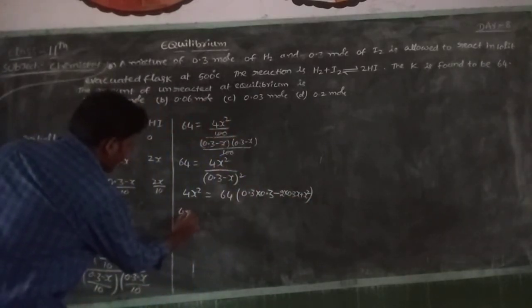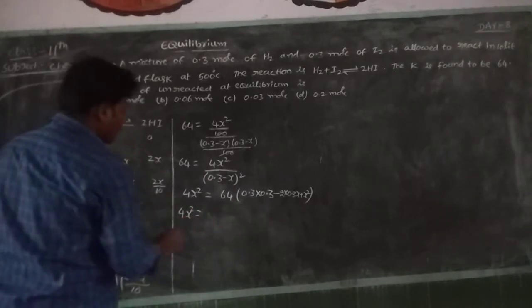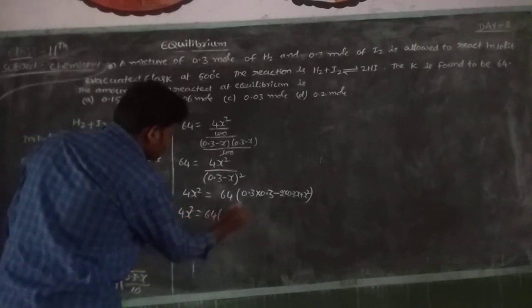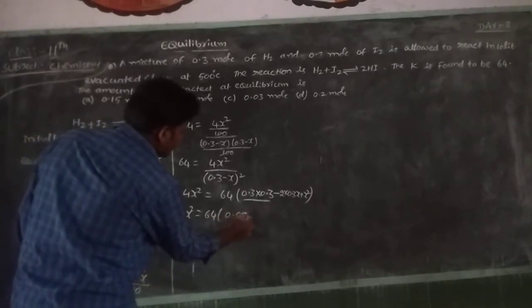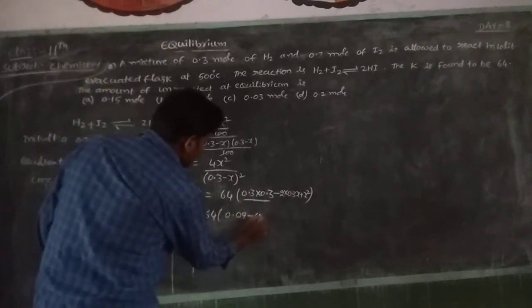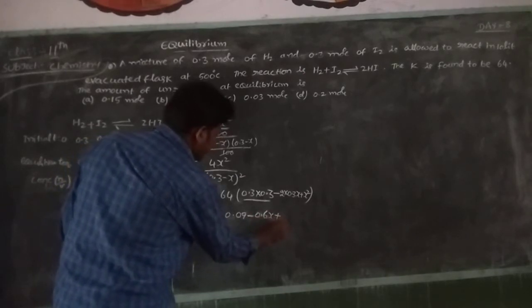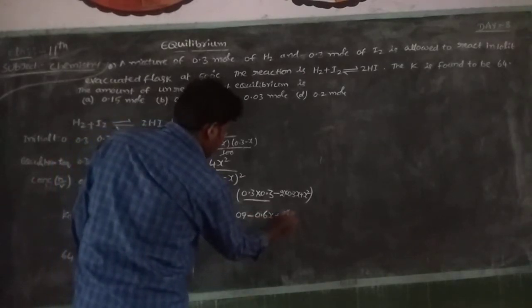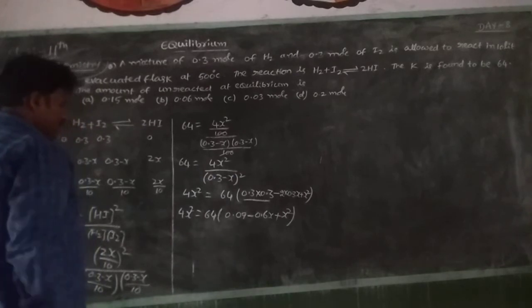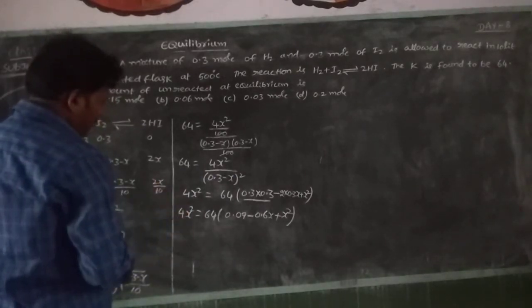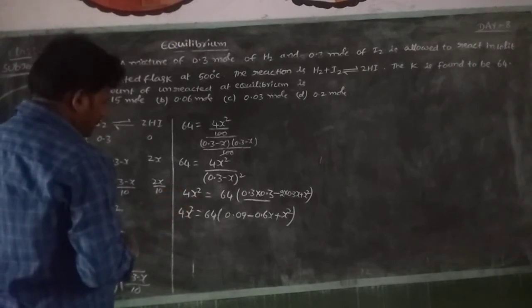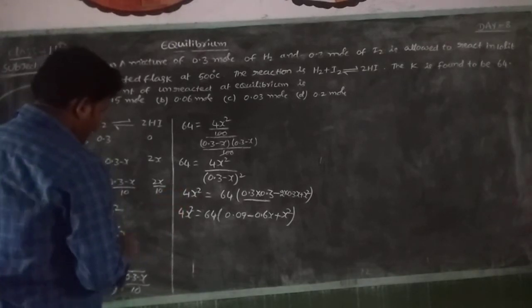Okay, 4x square is equal to 64 into, that means 0.3 into 0.3, that means 0.09, minus 0.6x plus x square.